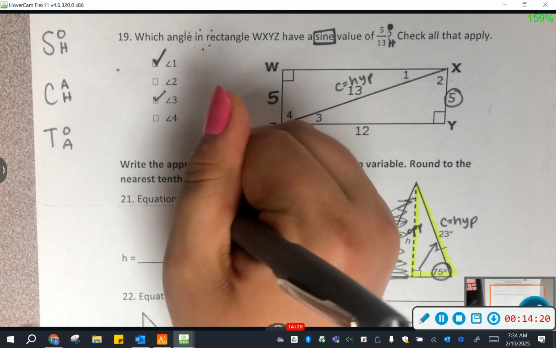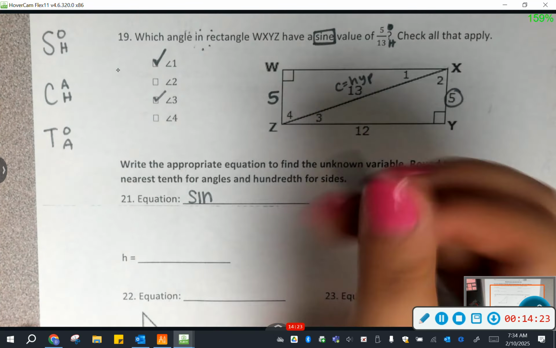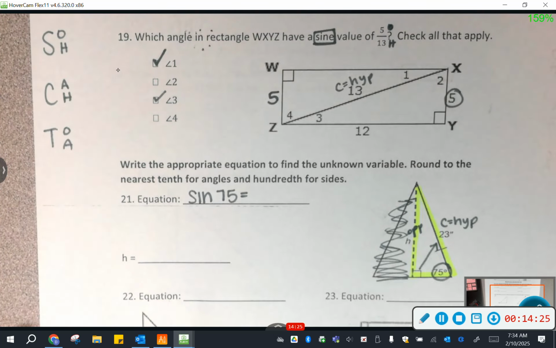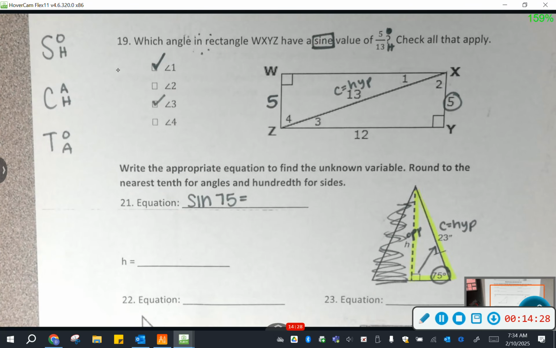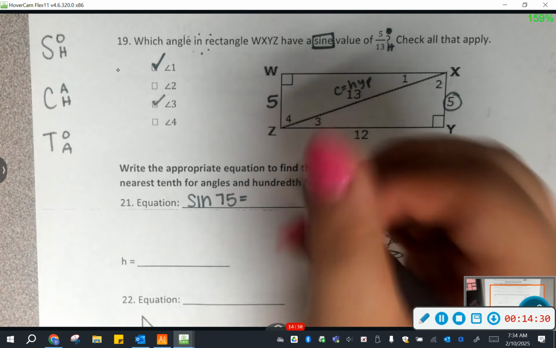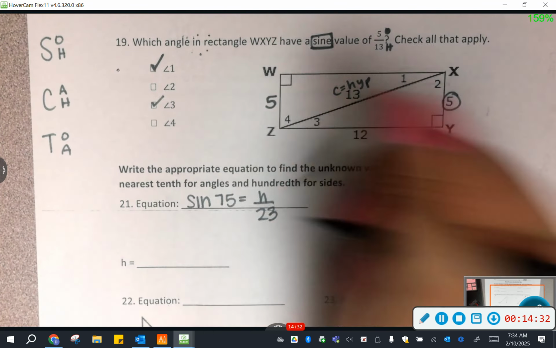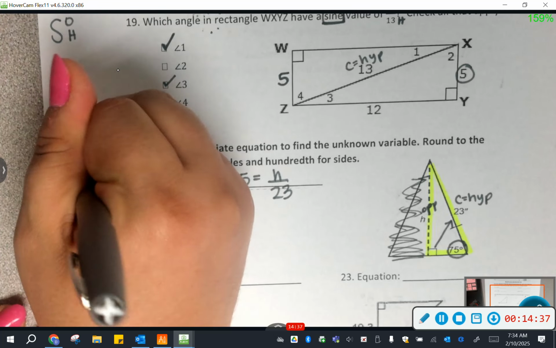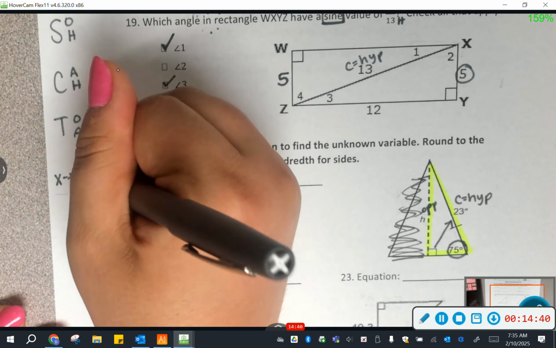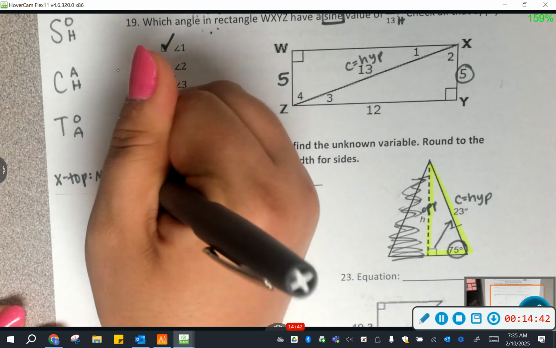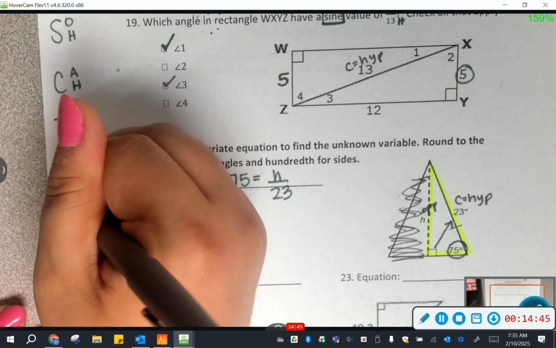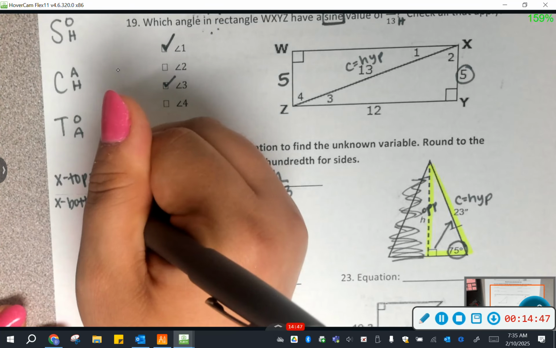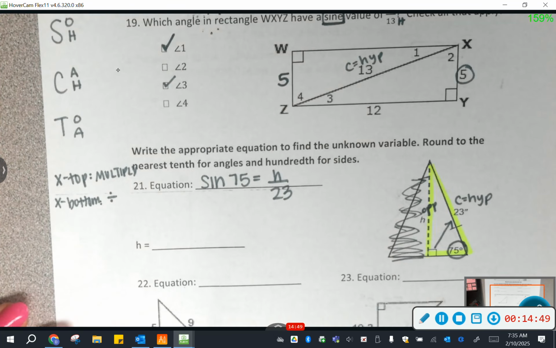So the sine of, what's my angle? Equals, what is my opposite over hypotenuse? H over 23. And just to remind ourselves, if x is on top, what do we do? We multiply. If x is on bottom, what do you do? Switch and divide. So this time it's on top.